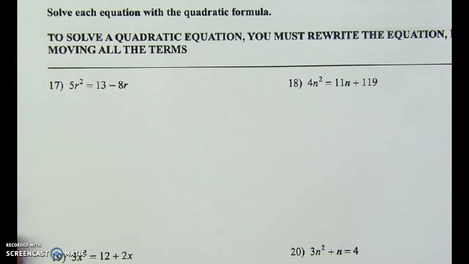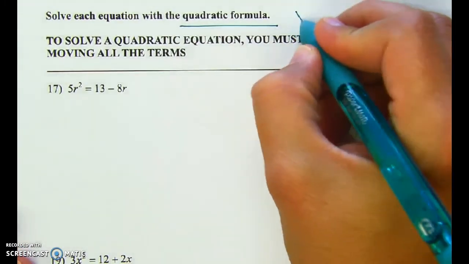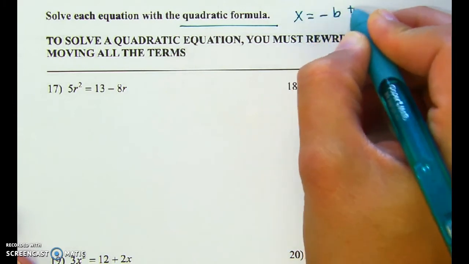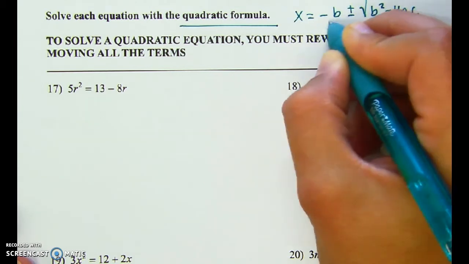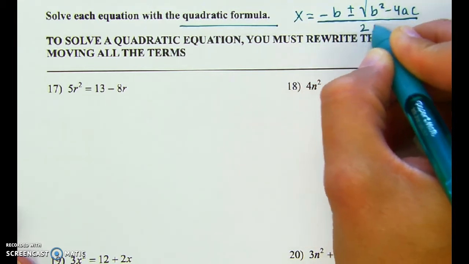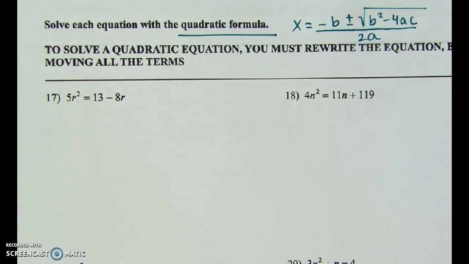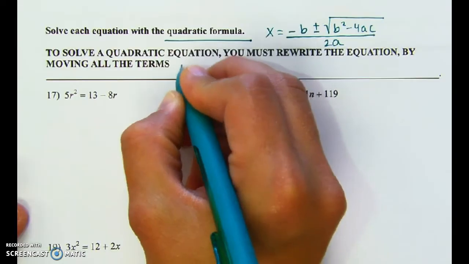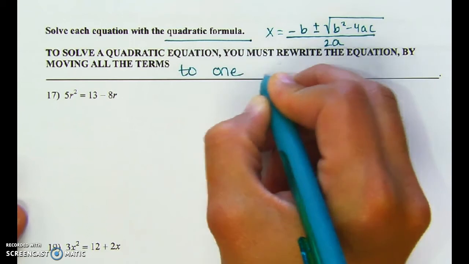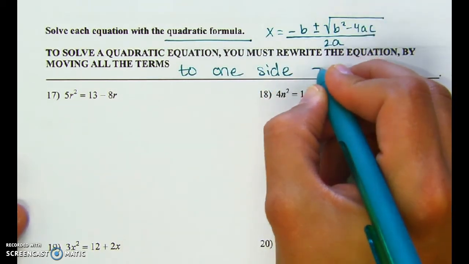Okay. Solve each with the quadratic formula. Wonderful. X is equal to negative b plus or minus the square root of b squared minus 4ac all over 2a. To solve a quadratic equation, you must rewrite the equation by moving all the terms to one side, setting it equal to 0.